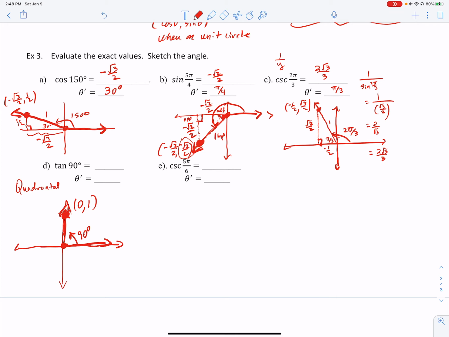And then tangent is defined to be y over x when you're on the unit circle. So that tangent of 90 degrees is going to be 1 over 0, and so it is undefined. And when you're at a quadrantal angle, there are no reference angles.